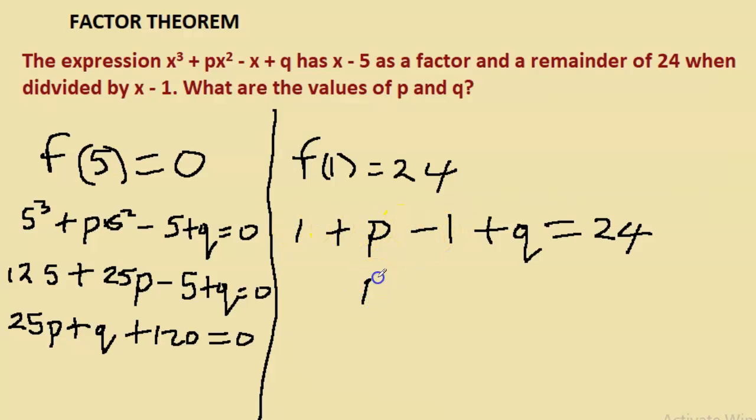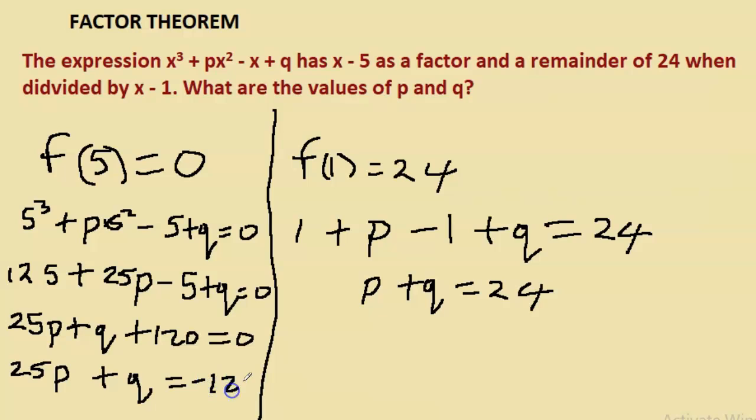So p plus q is equal to 24. Let me just fix this up a little bit. If I subtract 120 from both sides, what we'll have is 25p plus q equals minus 120. So we have our equation here. Call this equation 1. We have another one here, so we have a pair of simultaneous equations.